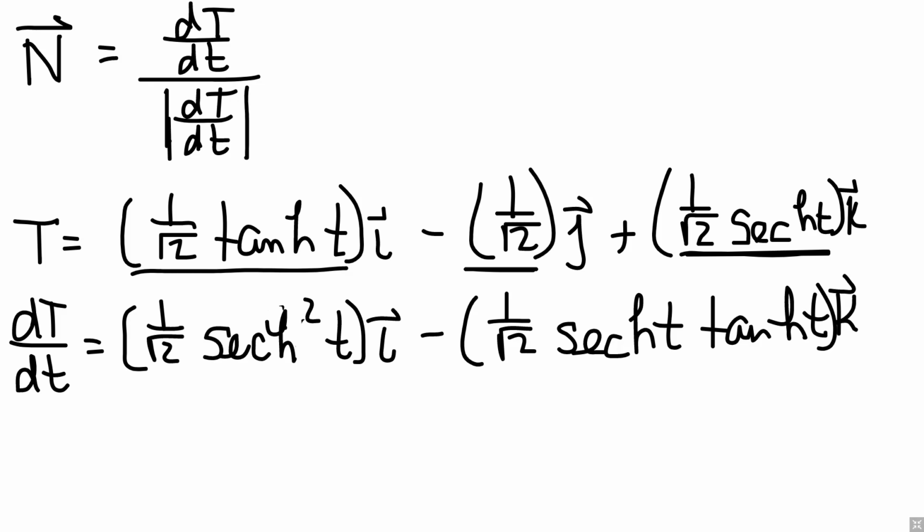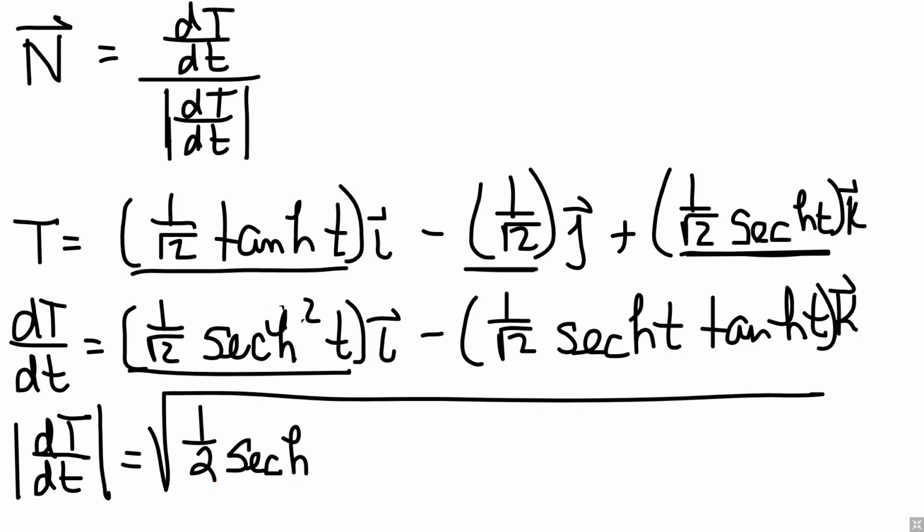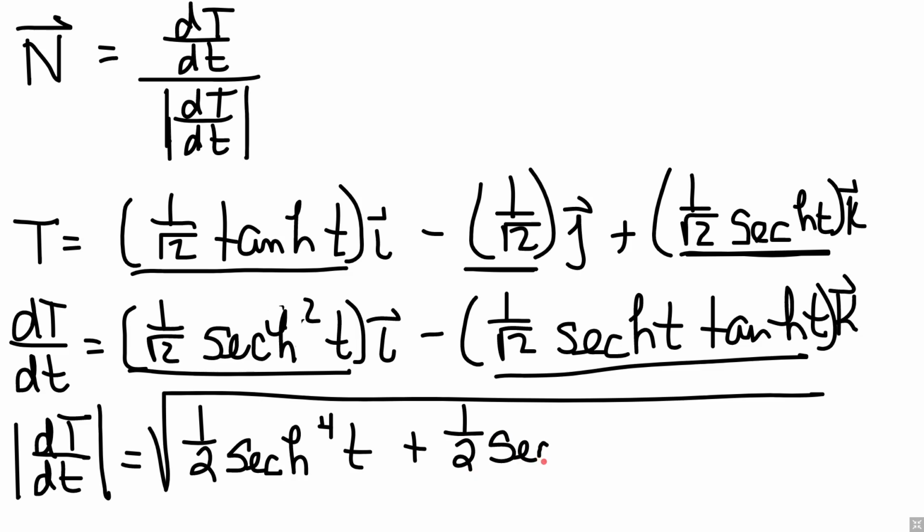Okay, so next we're going to look at the magnitude of this. So that's going to be the square root of the first term. If we square that, it's going to end up being 1/2 secant hyperbolic to the fourth of t plus, and for this next term, 1/2 secant hyperbolic squared of t tangent hyperbolic squared of t.